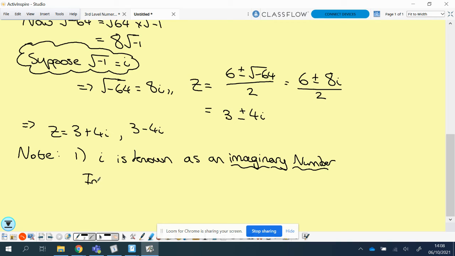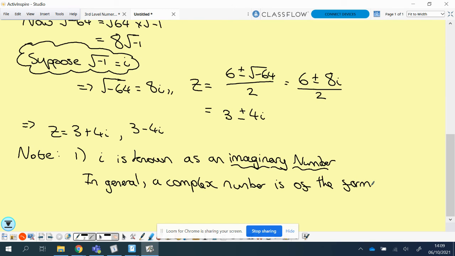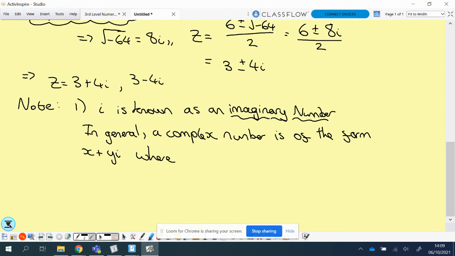In general, a complex number is of the form x plus yi, where x and y are real numbers.